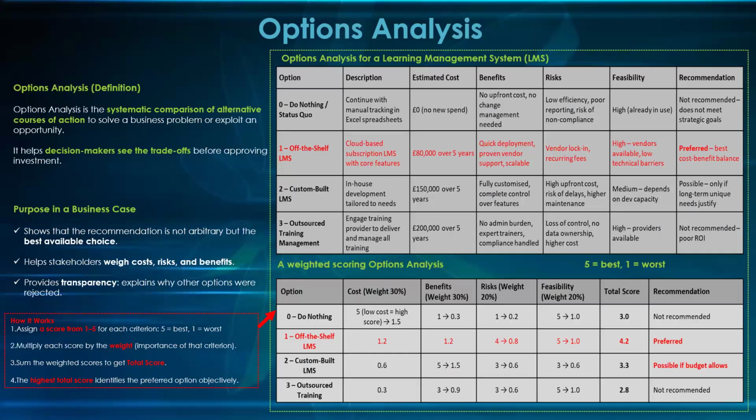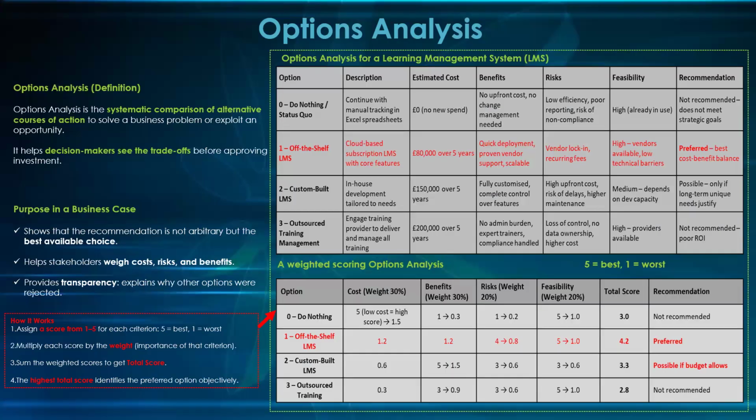Sorry, I have a question. For the cost, the benefit, the risk, and the feasibility, do the percentages come automatically or are they agreed by the team as well? The team agrees that we are scoring the cost 30%, the risk 20%. Then the team also agrees that, okay, we've scored those headings, let's now weigh the score.